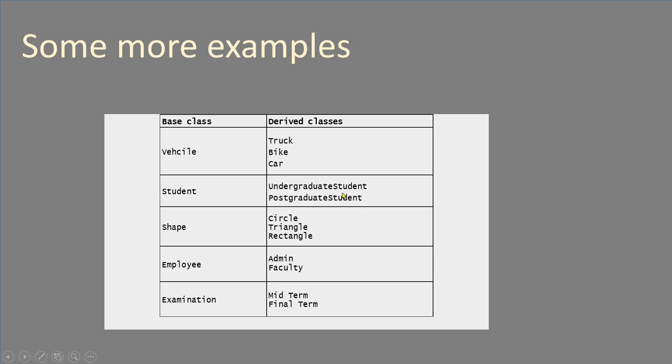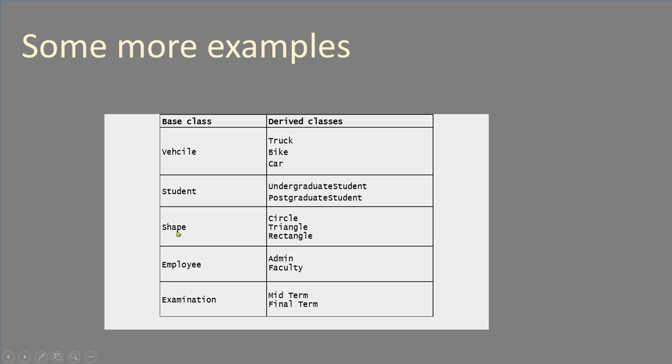Both these classes of different student types have some specific attributes, for example, the number of credit hours and the semester, and in postgraduate student, for example, the research activity that has been assigned, and so on.